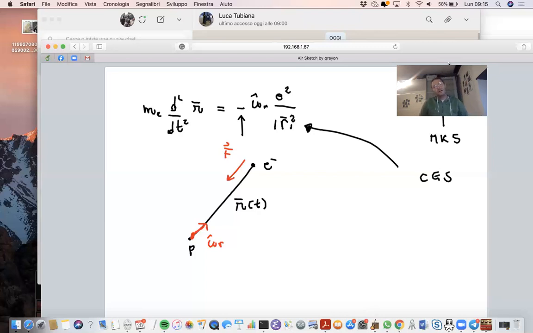Okay, so the first observation is that this is not actually a single equation, it is in fact 3 different equations, right?